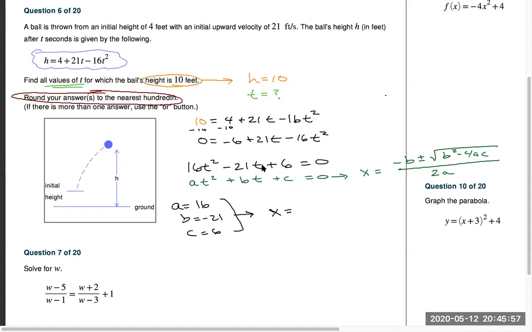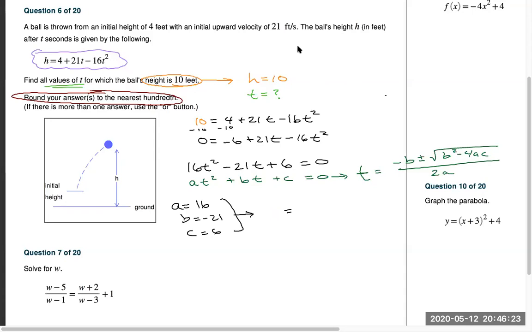This is a quadratic in T, since T has the powers of T decreasing from 2 down. So I'm going to make a change here. We're going to change that to a T. So essentially, whatever variable you have for your quadratic, you want the solutions to have the same variable.